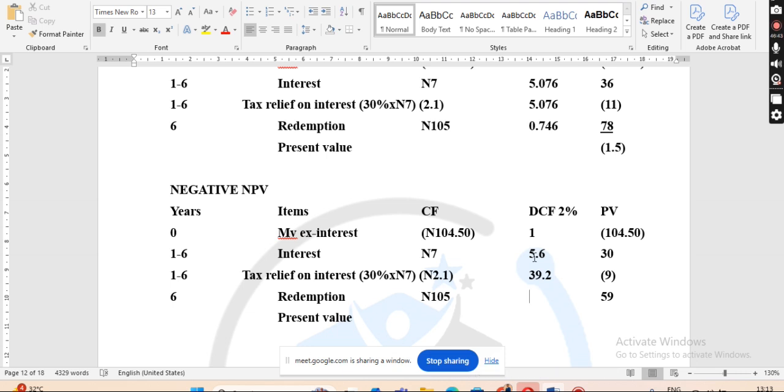So what do we have here? Please quickly change it in your material. 39.2 is the present value for the interest. Okay. Quickly, class.